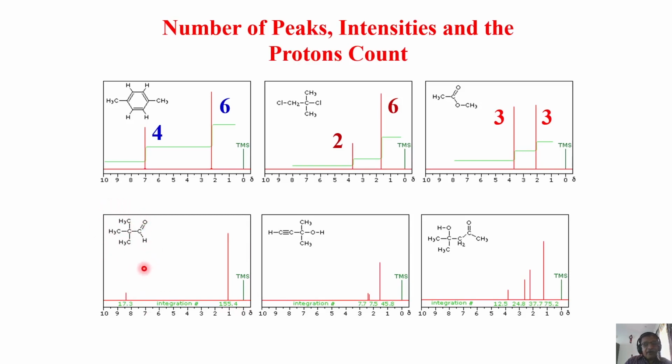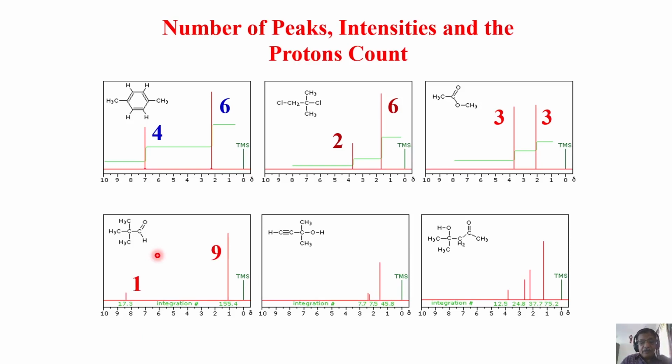So that means in this molecule there are 10 protons, 9 of which are equivalent because of 3 CH3s, and only one is different. So what should you expect? 2 peaks. What is the intensity ratio? 1:9. Marvelous. We understood that, right?